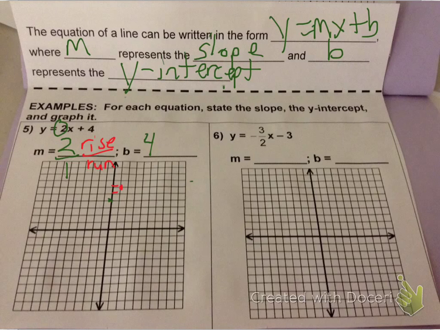Put a point. Then you keep that pattern, up 2 over 1. Then you can go in the opposite direction, down 2 over 1.